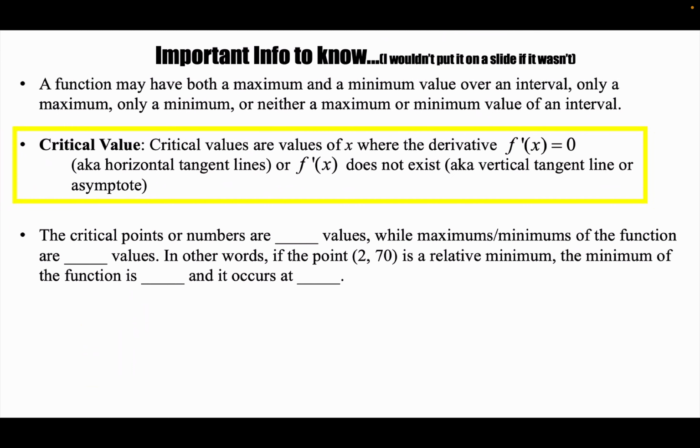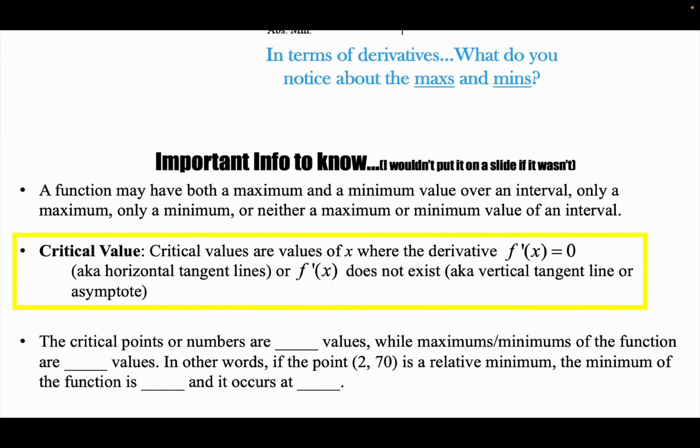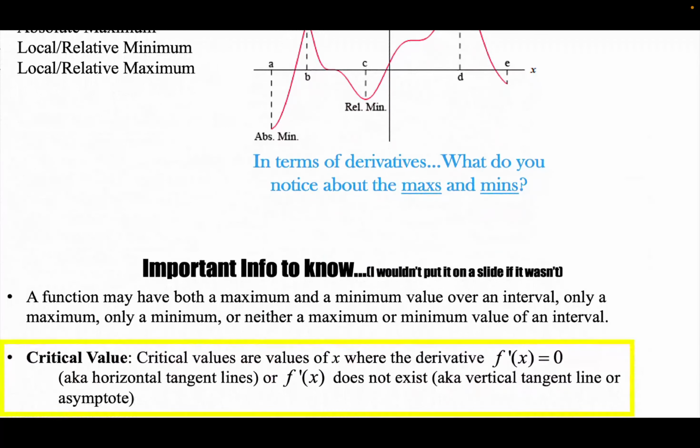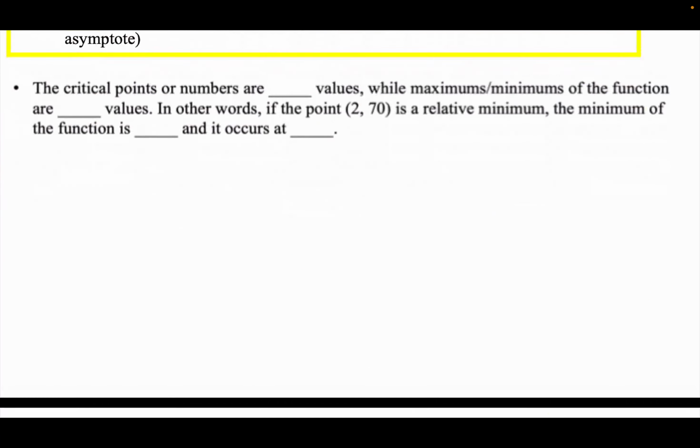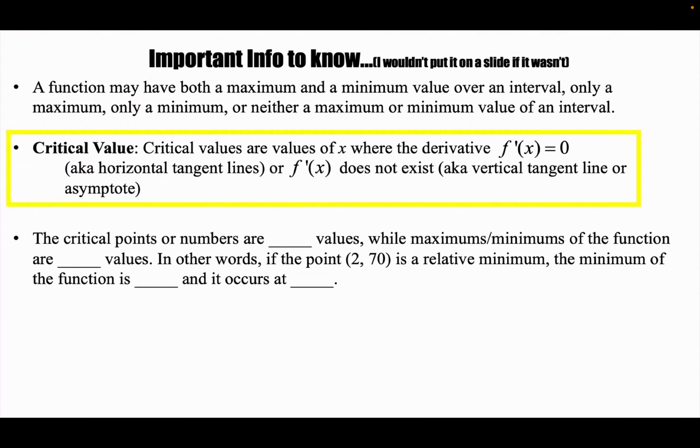If I have a guy that's just going straight from A to E, it's not increasing or decreasing, so there are no maximums or minimums. There would be none, because there are no peaks and no valleys. This guy there is. So sometimes there's not always both. Sometimes there's only one, sometimes there's the other.